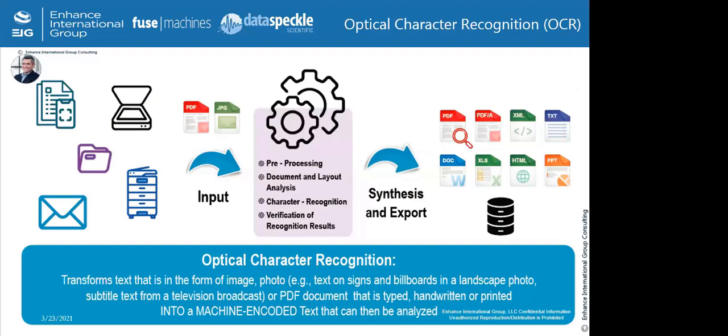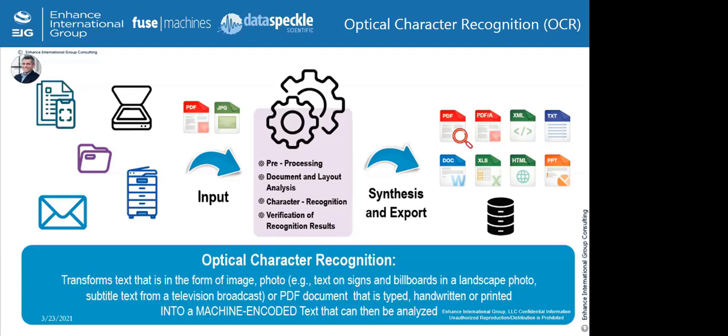We can scan the documents. Sometimes we don't have the digital information already, we receive it through emails, we receive it through documents, and what we usually do is convert them into images, PDFs, JPEGs. We pre-process them, we analyze the documents, we extract the information we are looking for.